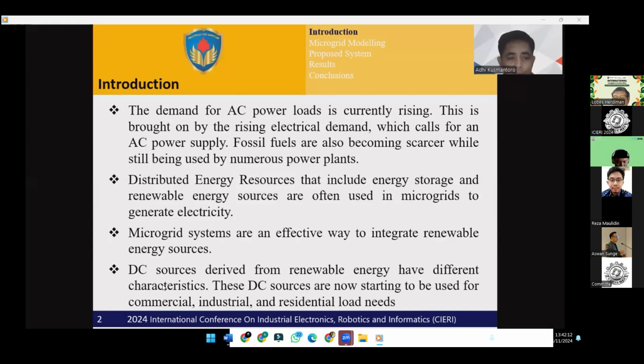DC sources derived from renewable energy have different characteristics. The DC sources are now starting to be used for commercial, industrial, and residential needs. Therefore, a control strategy is needed to overcome changes in the DC sources.